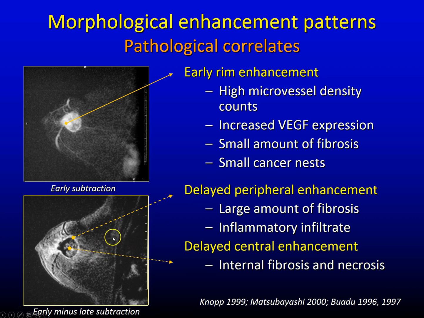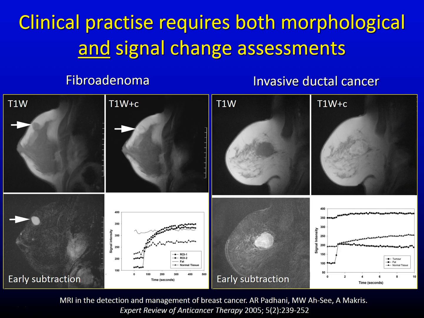The delayed peripheral enhancement one can see around tumors represents areas of inflammatory infiltrate and fibrosis, and the delayed enhancement that you see in the center of the tumors tends to represent internal fibrosis and necrosis. So you can see that these morphological patterns do have biologic meaning.